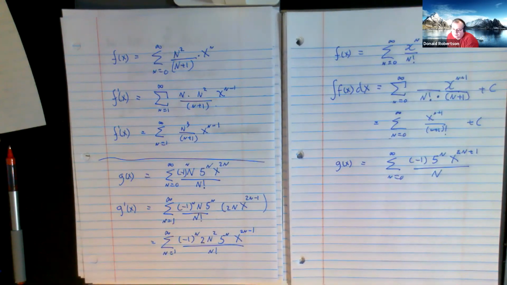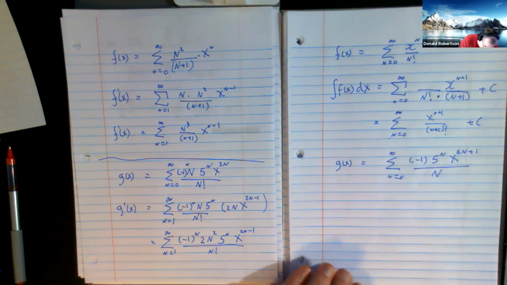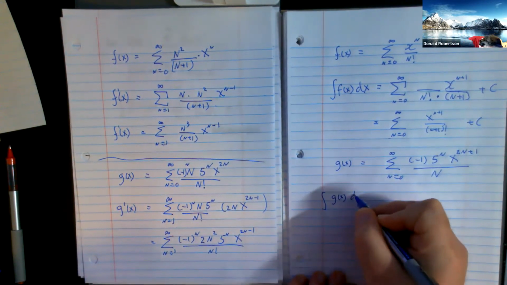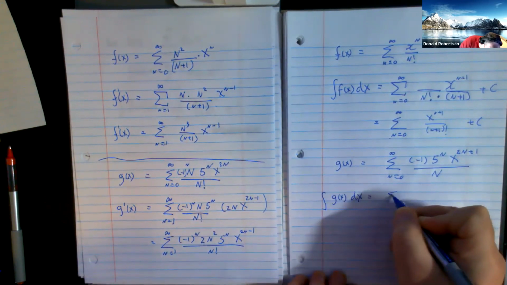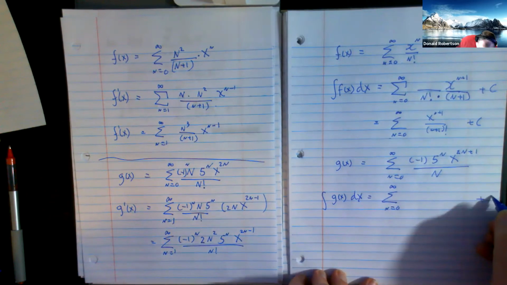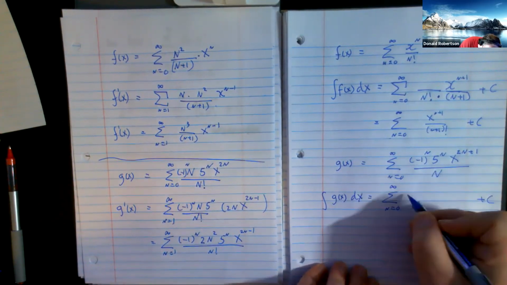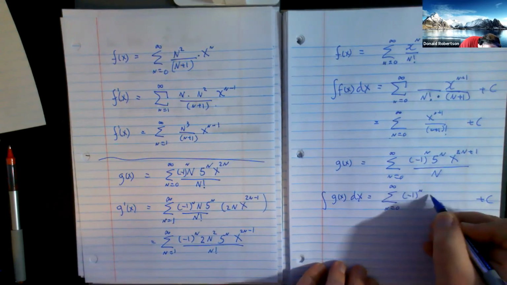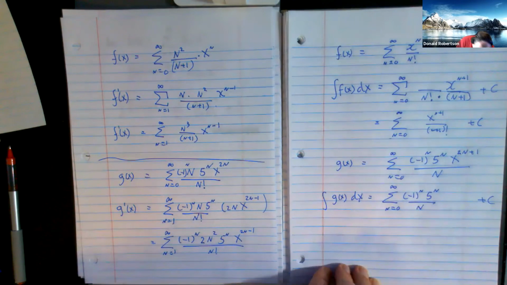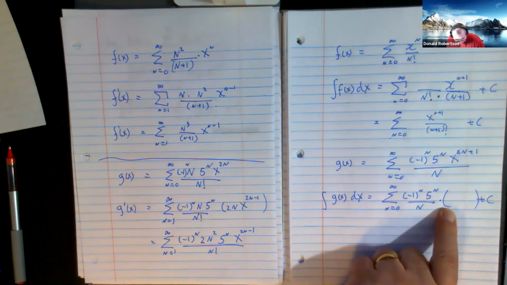Suppose I have the power series for the function g of x, and it's this guy. And I'd like to know the power series for its antiderivative, its integral. Keep the 0, and remember the plus c. This guy is fixed. Just the brackets are for emphasis.